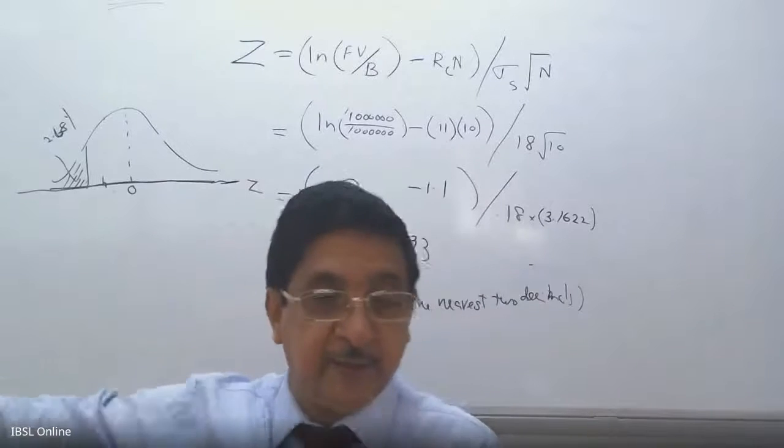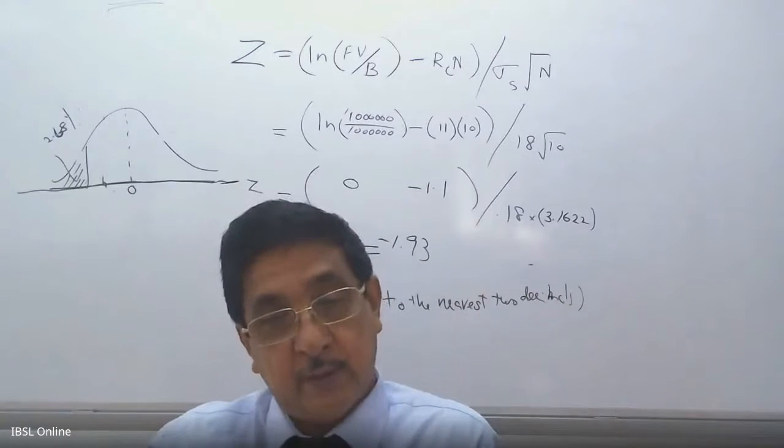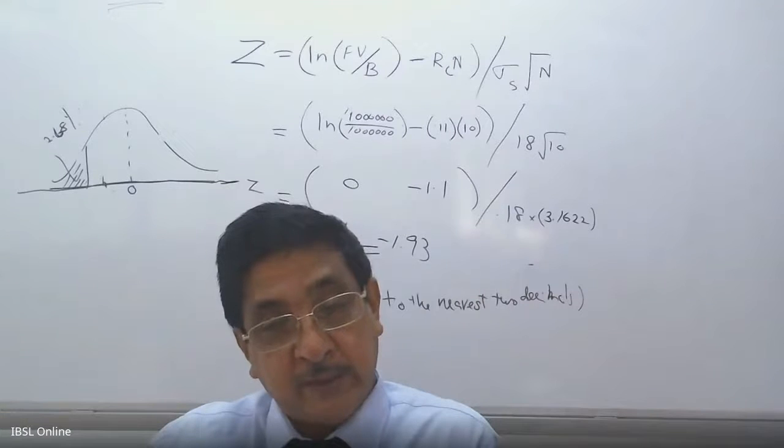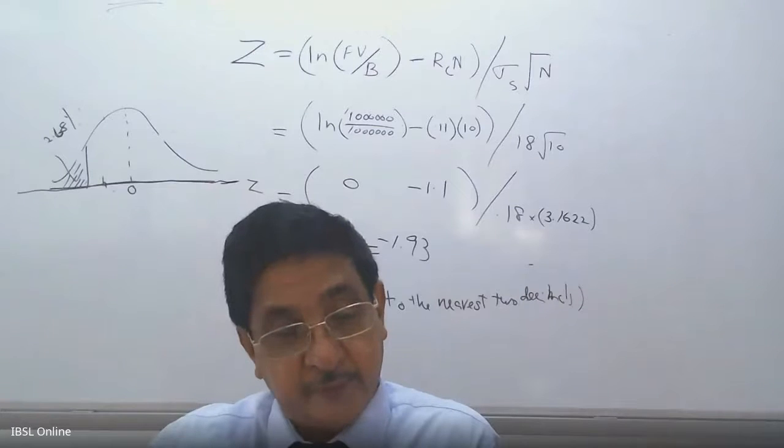Now, when the standard deviation is calculated, what we need to do is get the arithmetic mean deducted from each and every value, and all these values are to be squared.